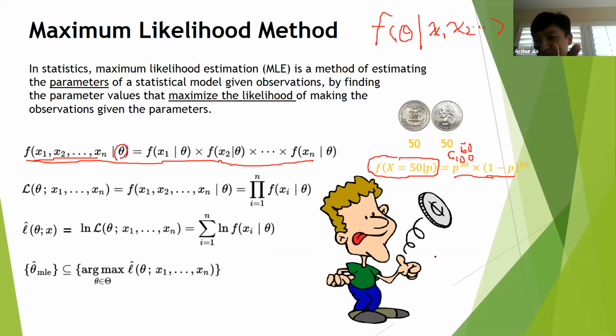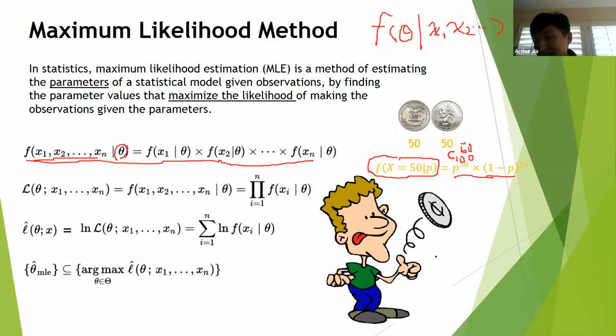Suppose we toss a coin. The purpose of this experiment is to estimate P. What is the P here? The P is the probability of being successful, or the probability of landing a head.